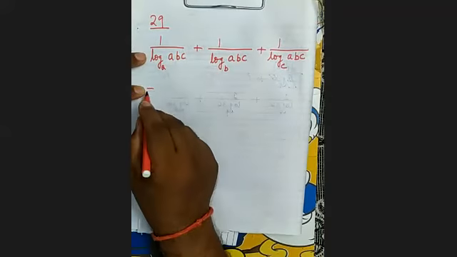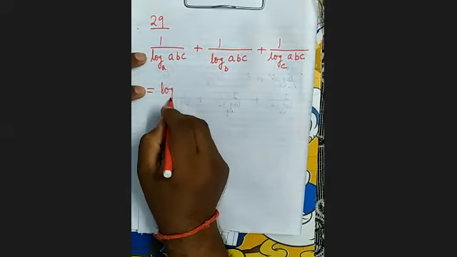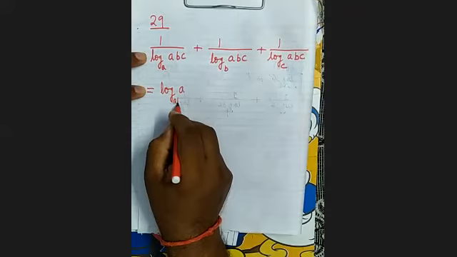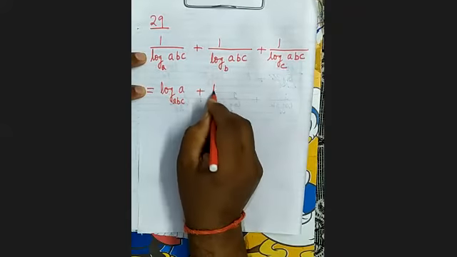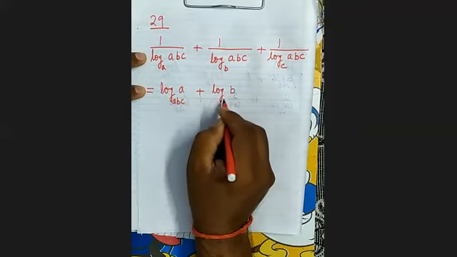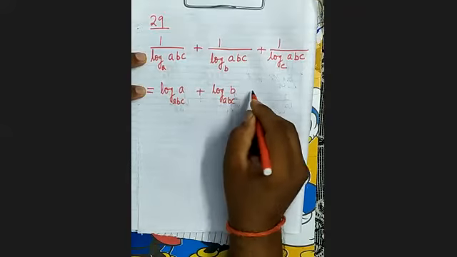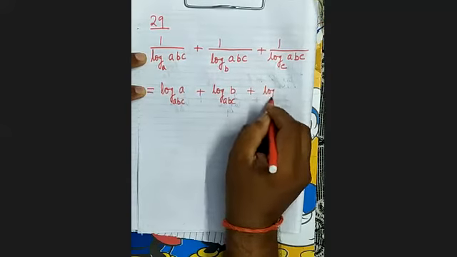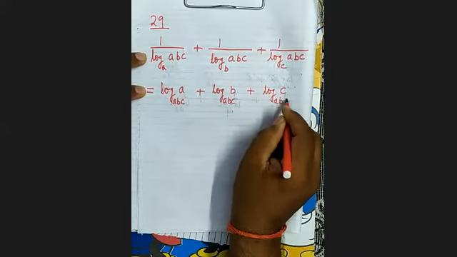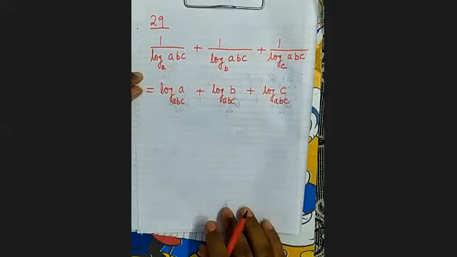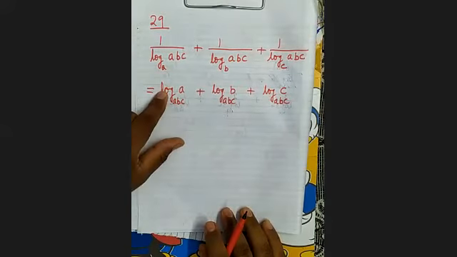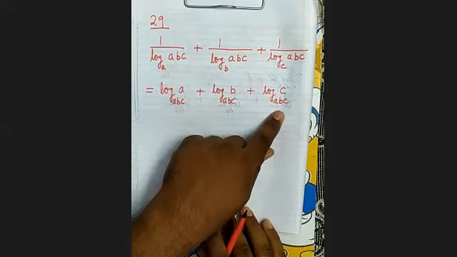So this you can write as log A to the base ABC plus log B to the base ABC plus log C to the base ABC, by using the previous formula. Now the bases are the same everywhere.